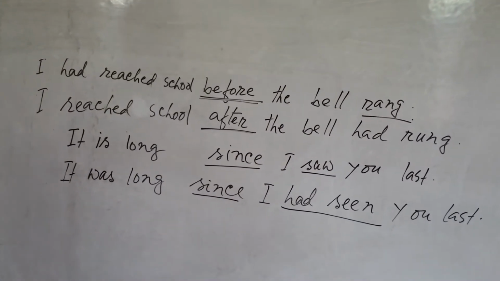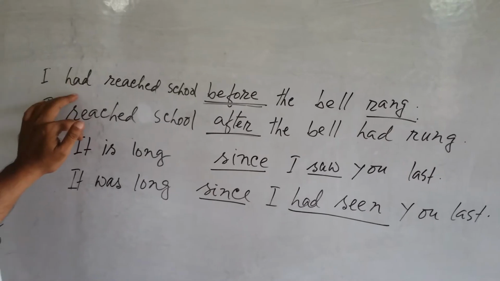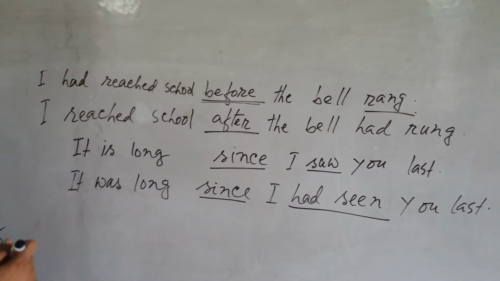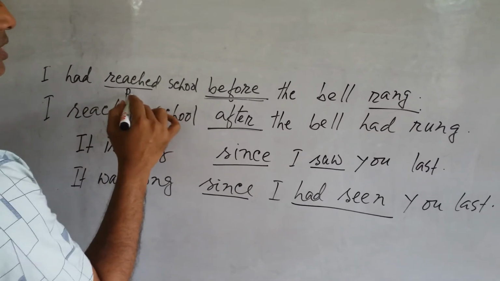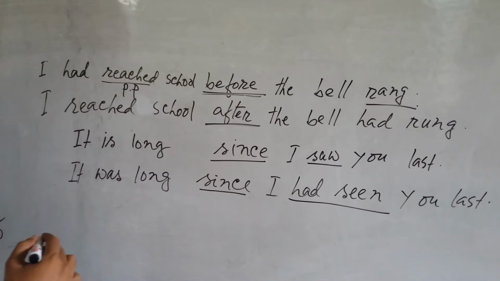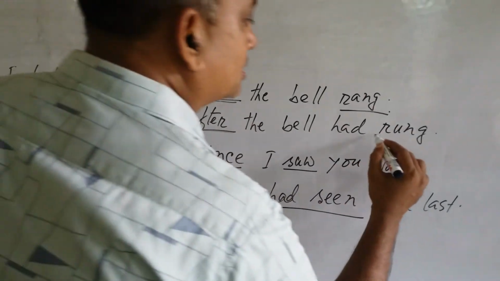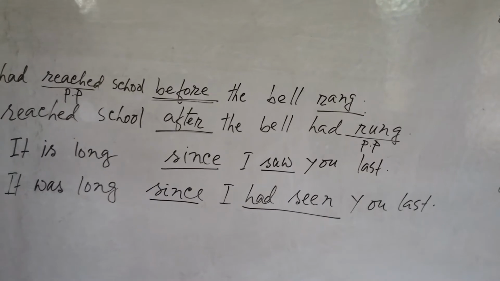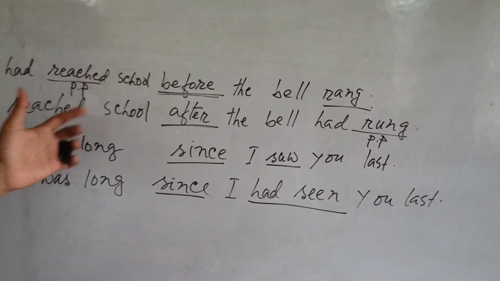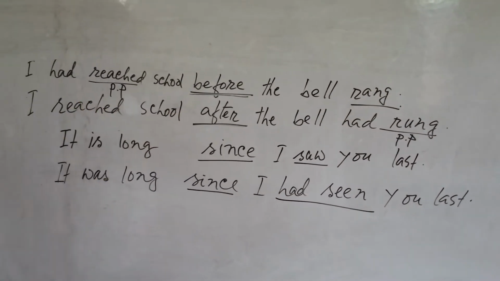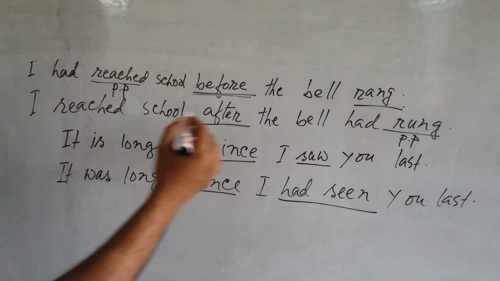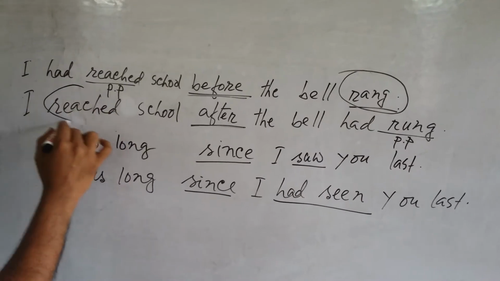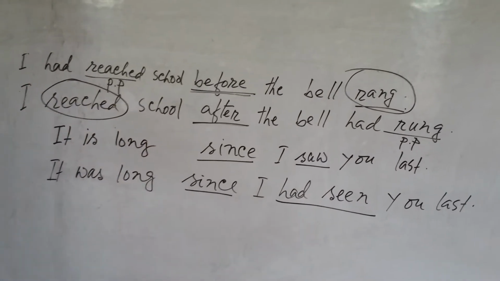And the rest of the part we have already learned: there will be a past participle form after had. Reached is the past participle form of the verb reach, and run is the past participle form of the verb run. And the remaining clause will be a past indefinite. That's why we have used the past form ran and the past form of the verb reached.